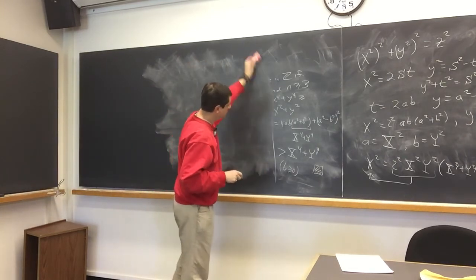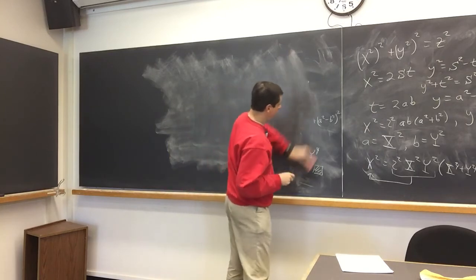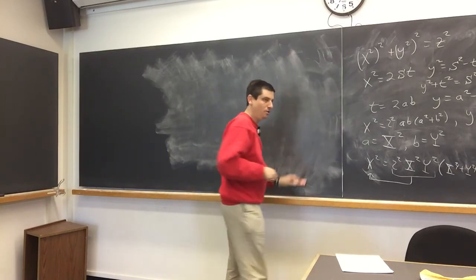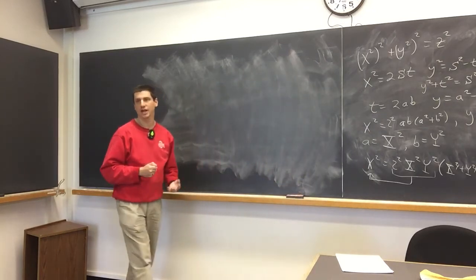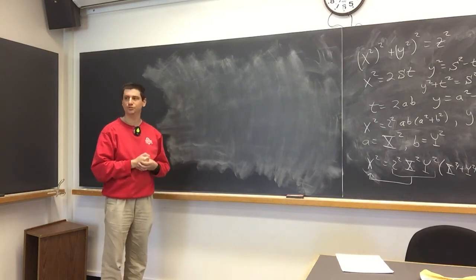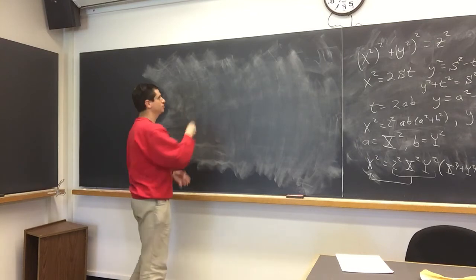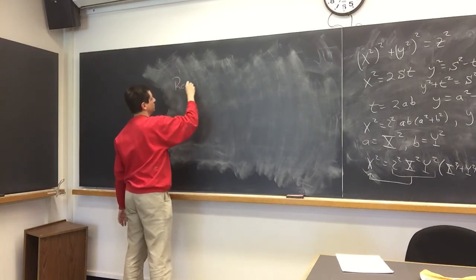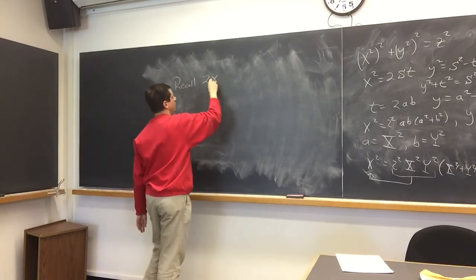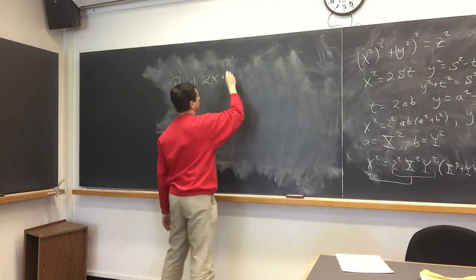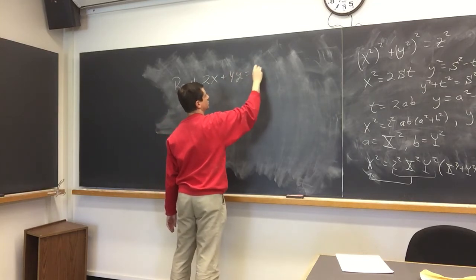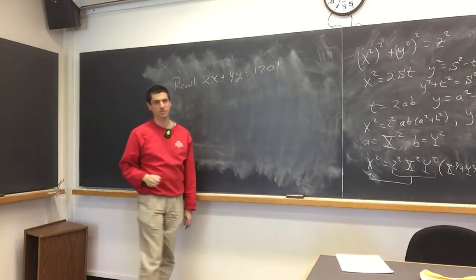And so in the last class, we looked at what happens when we study some equations modulo primes. And we saw that when we looked at things modulo primes, we could sometimes use this to prove things can't have solutions. So recall, maybe 2x plus 4y equals 1701, where x and y are integers.